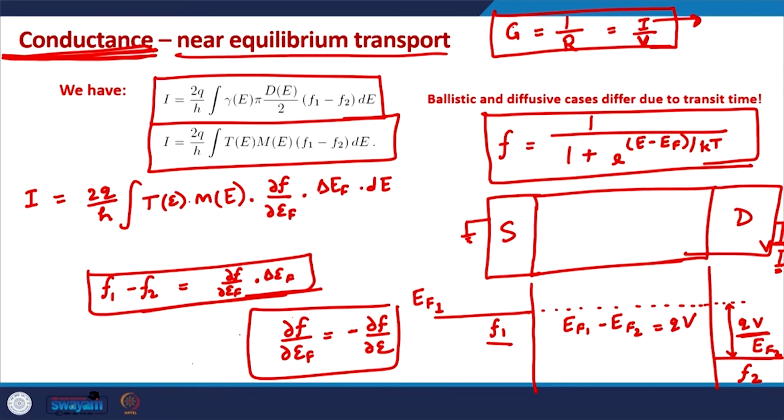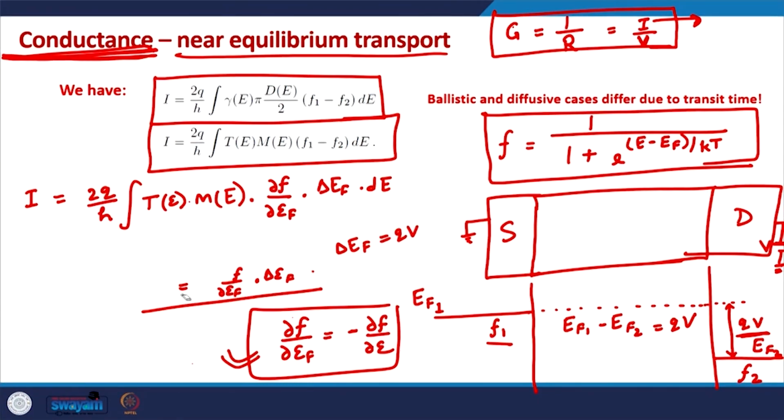Okay. So, we will keep in mind this fact, and delta EF is equal to Q times V. So, that is what we will put in this expression.